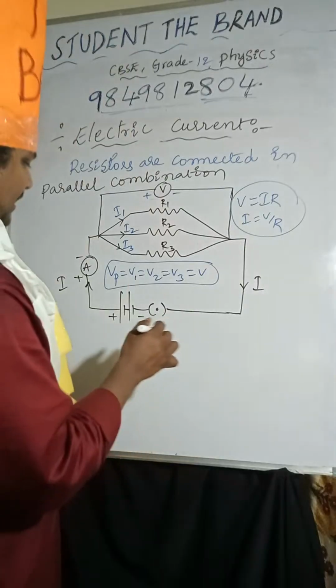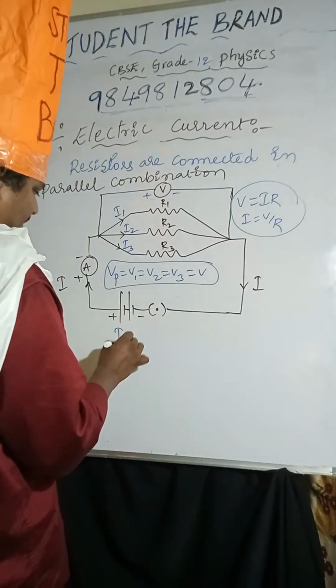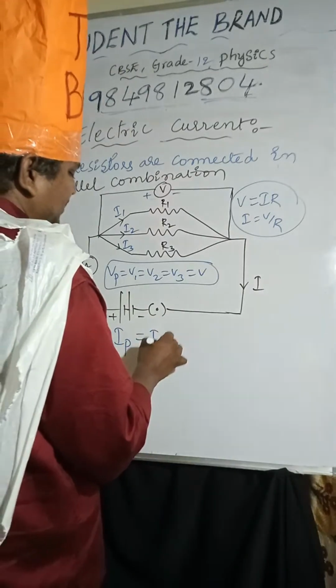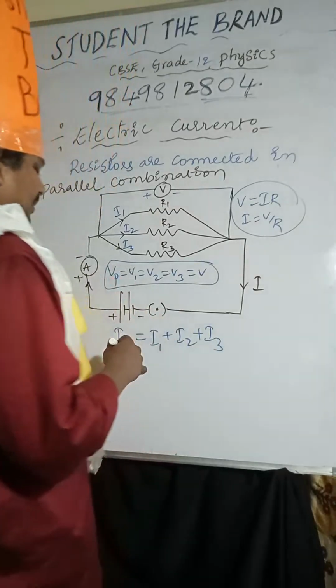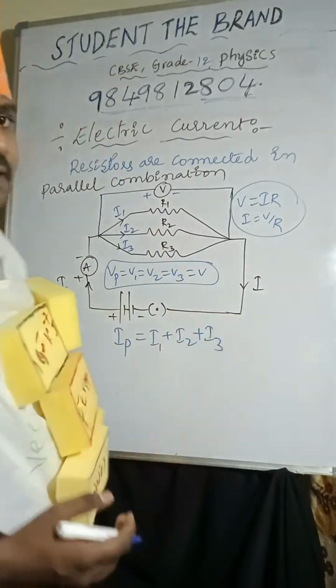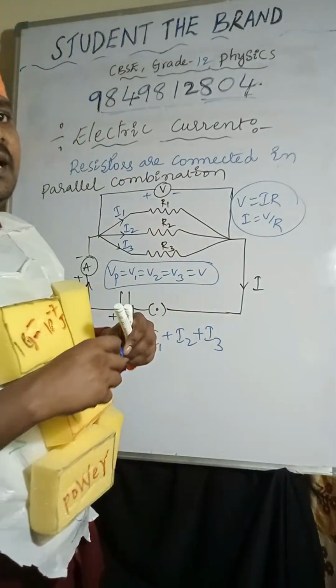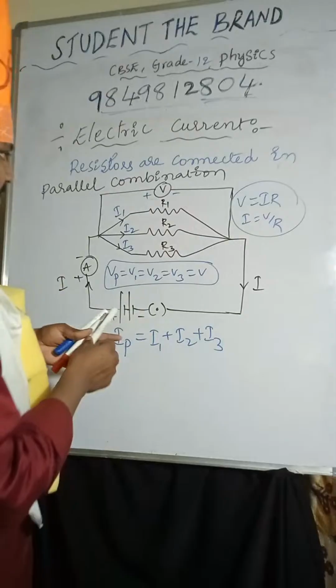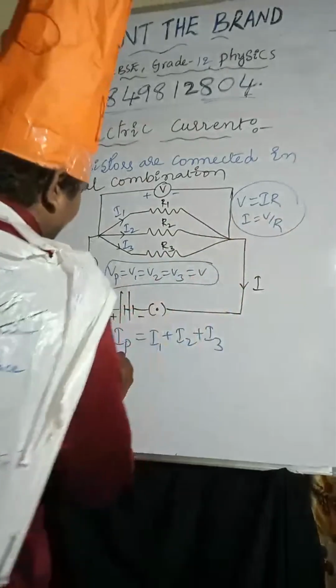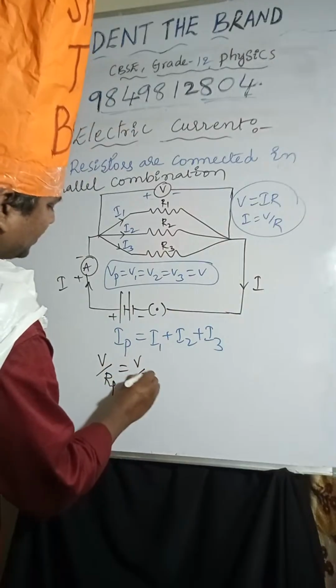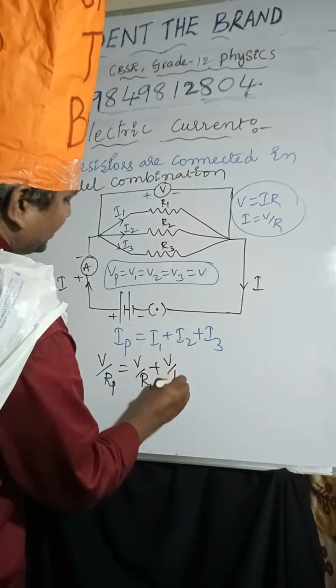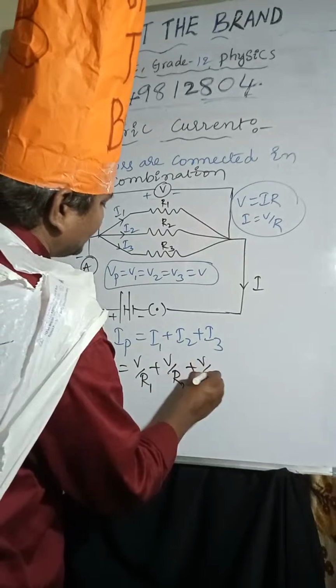So now we can take Ip equal to I1 plus I2 plus I3. So Ip we can write V by Rp, from Ohm's law. So V by Rp equal to V by R1 plus V by R2 plus V by R3.